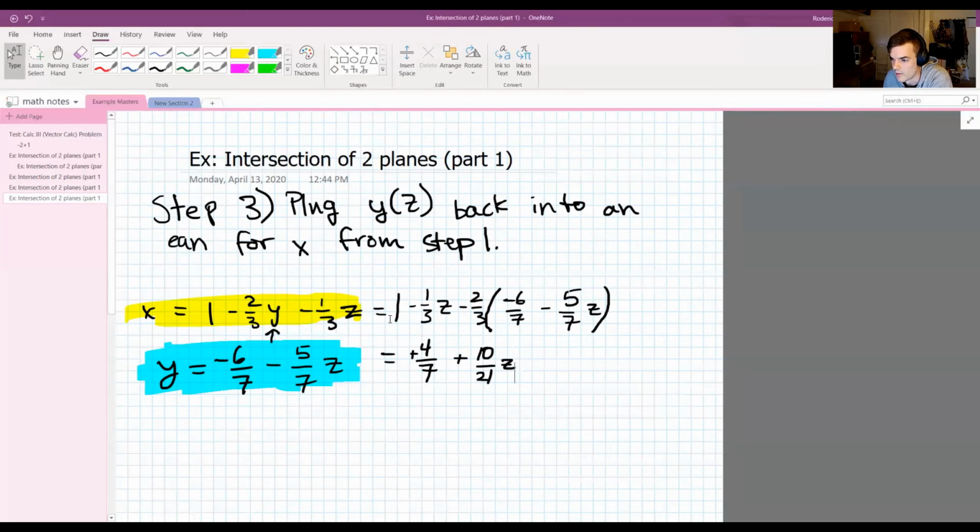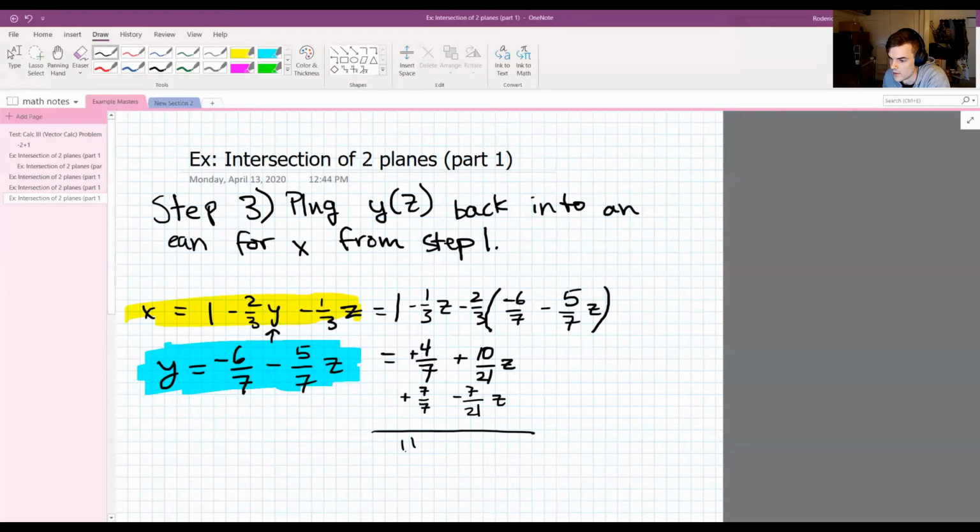And then we still have our 1 and our minus 1/3. I'm just going to write this out: plus 7/7, and minus 1/3 is minus 7/21 z.